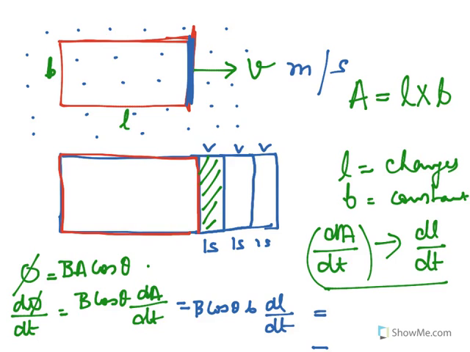So the whole thing can be written as B cos theta, and dL dt is nothing but velocity. Rate of change of length is equal to v. Every 1 second the change in length is equal to v. So d phi dt can also be written as B cos theta into v, if the change is in the length.